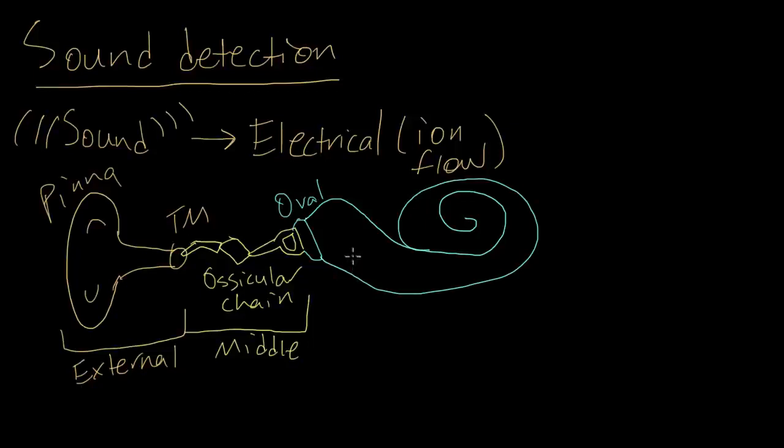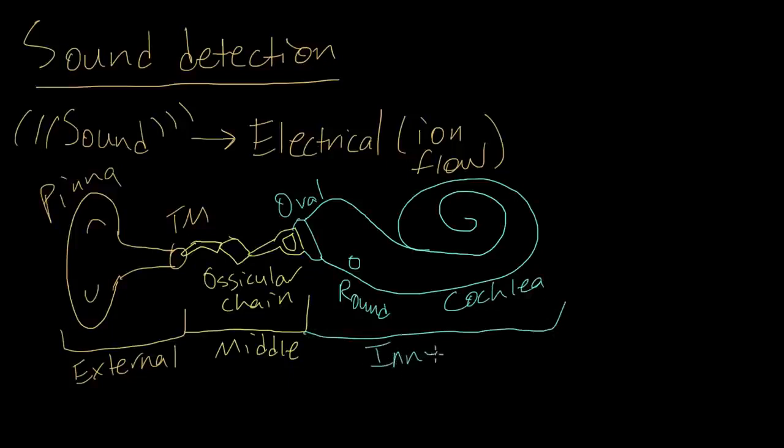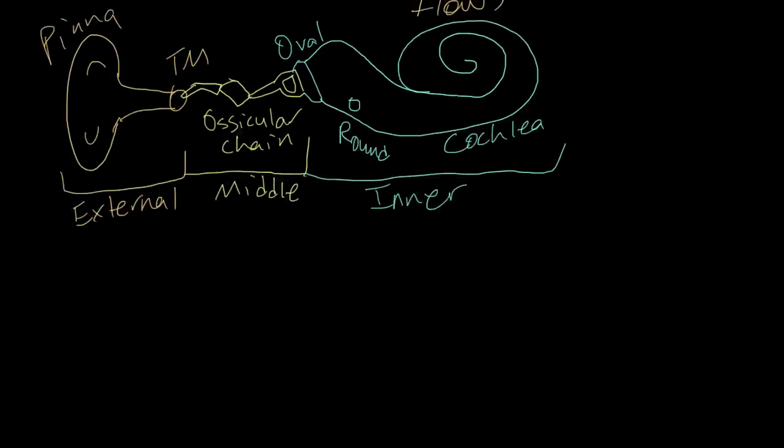And also in this cochlea is another window called the round window. So this is the cochlea. And the cochlea makes up, along with a few other things that we'll talk about later, the inner ear. So let's look at how the cochlea converts sound waves into electrical signals.